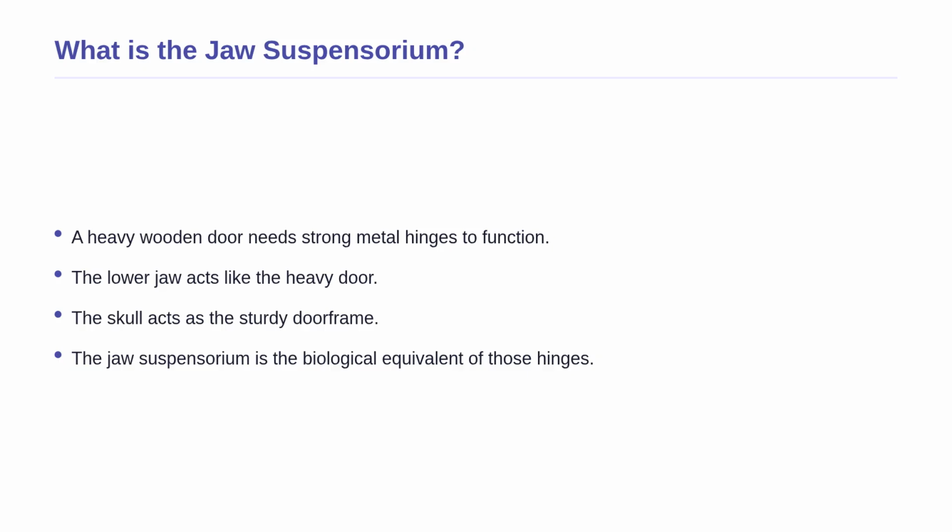In the vertebrate body, your lower jaw is exactly like that heavy wooden door, and your skull is the sturdy doorframe. The jaw suspensorium is the biological equivalent of those metal hinges. It is the specific anatomical mechanism that suspends the lower jaw to the skull, allowing animals to bite and chew.